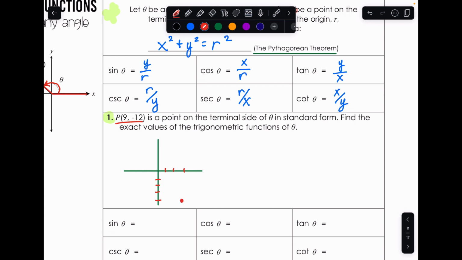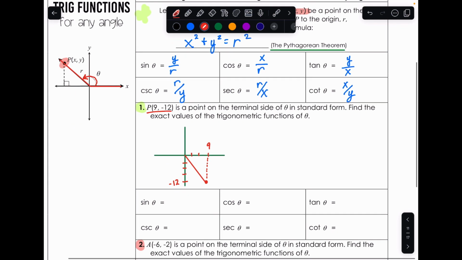I'm going to have a line extending from the origin to this point, and then draw a dotted line to show where it ends up at (9, -12).